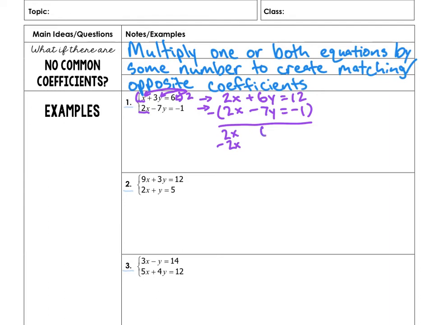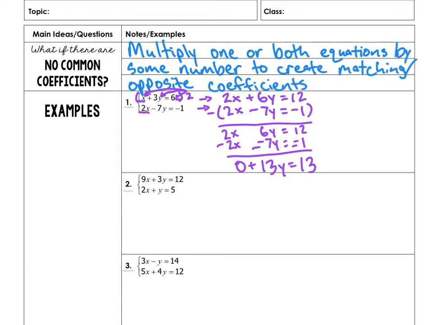Then I'll have the 6y minus negative 7y, with all these equal to 12 minus negative 1. That's really what it comes down to. And using our elimination techniques, the x goes away. 6 plus negative 7 will become 13y. And this is equal to 12 plus 1, which is 13.